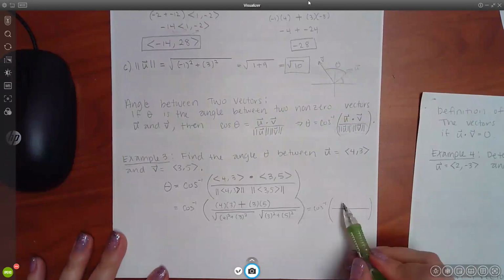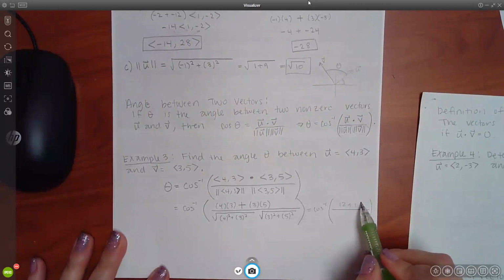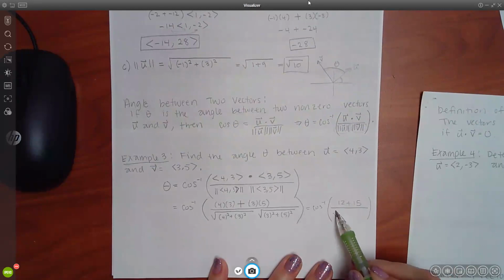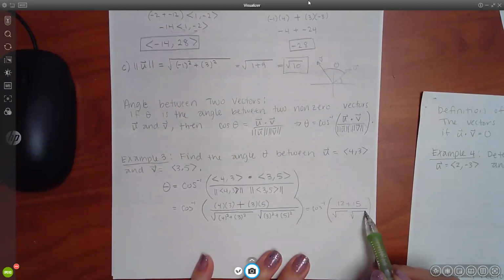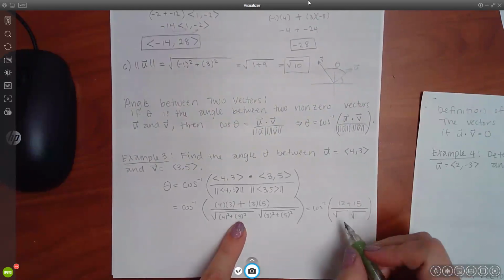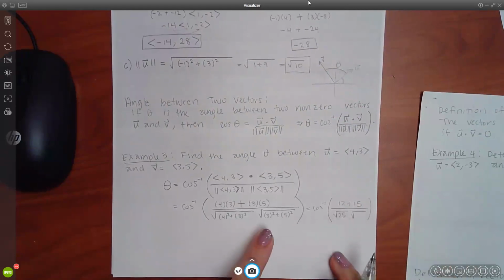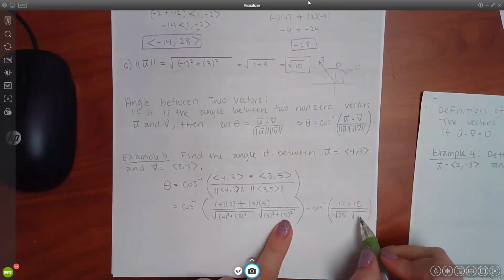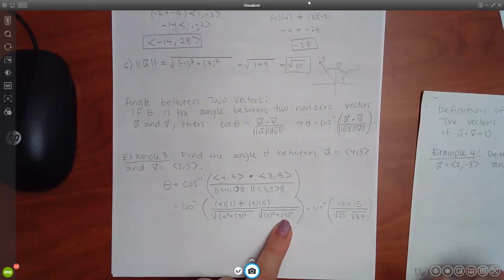So here I'm gonna get 12 plus 15. And in here, I'm gonna get the square root of what? 16 plus 9 is 25. And then 9 plus 25 is 36. No, 34. Is that right?